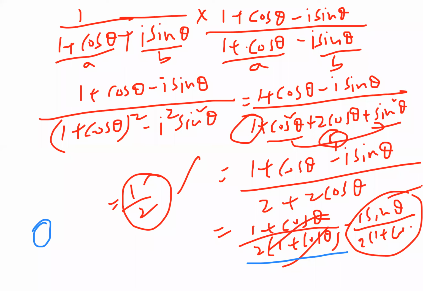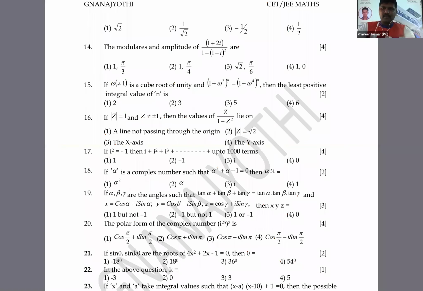You can see, everyone, the question they have given is like this. Question number 14: the modulus and amplitude. Dear students, modulus, yesterday we did so many questions. Amplitude means angle. First of all, check whether the given question is in the form a plus ib or not.